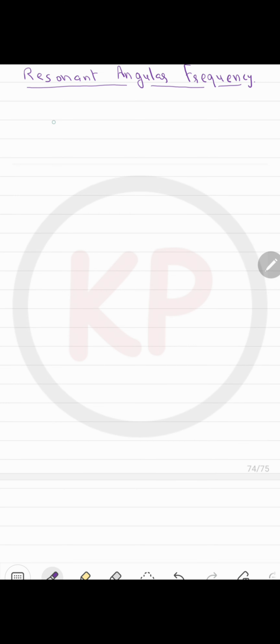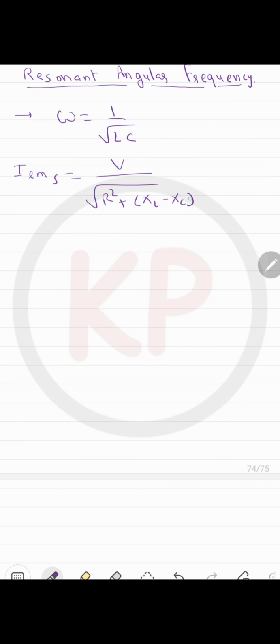Resonant angular frequency. It is the frequency for which the current becomes maximum. It is given by the formula omega is equal to 1 by root of LC. When the circuit is at resonance, I'm writing down the equation. Irms is given by the formula V by root of R square plus XL minus XC the whole square.